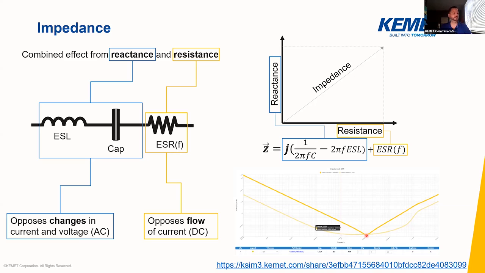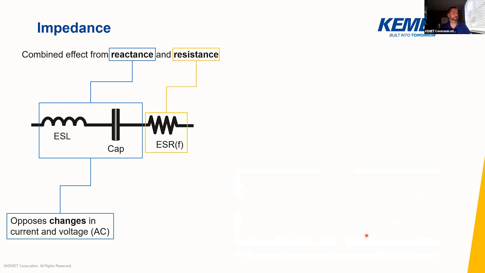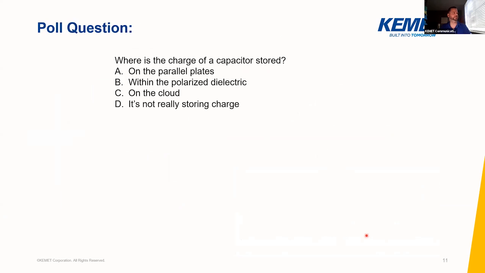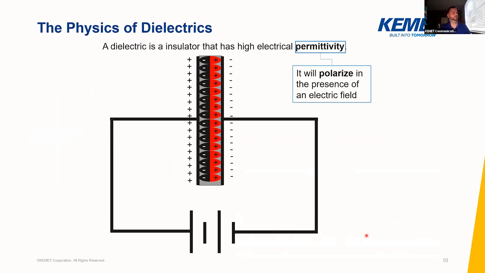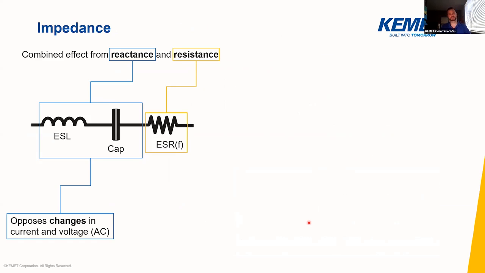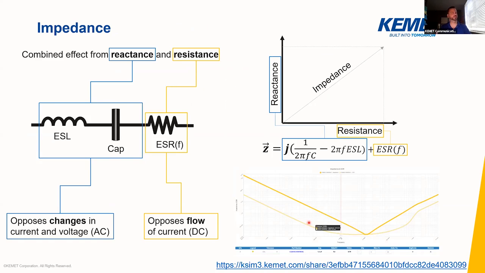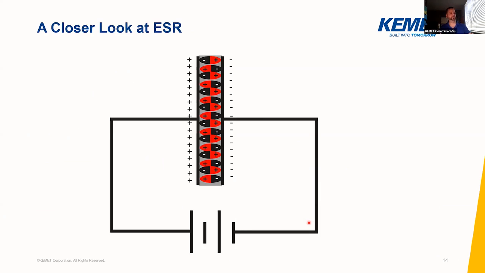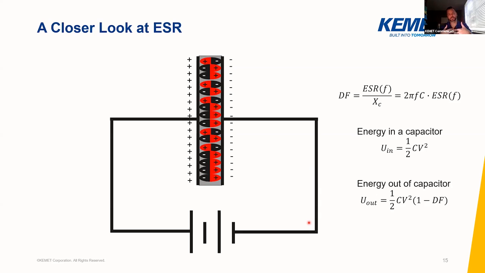That comes from the fact that the dielectric material can break down in the presence of applied voltage. In general, the more capacitance you have, the less voltage you'll have.